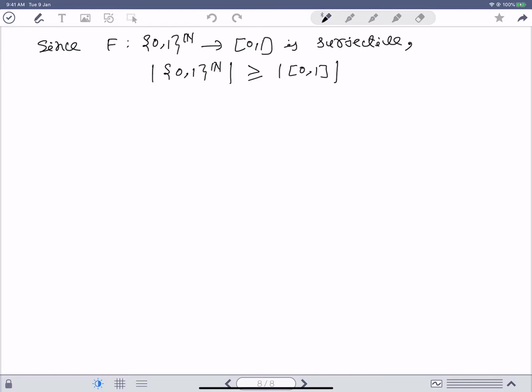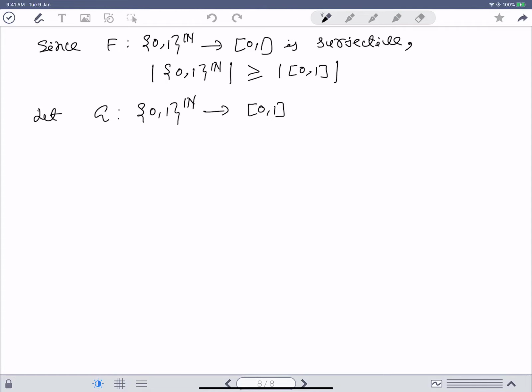Now define a function g from the set {0,1}^N, sorry, the set {0,1} power n, to the closed interval [0,1].